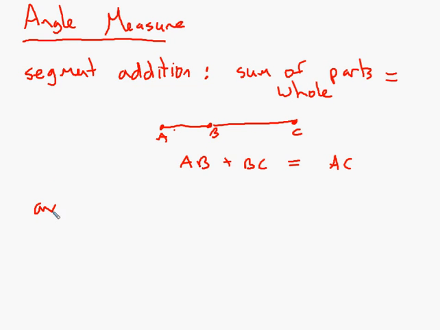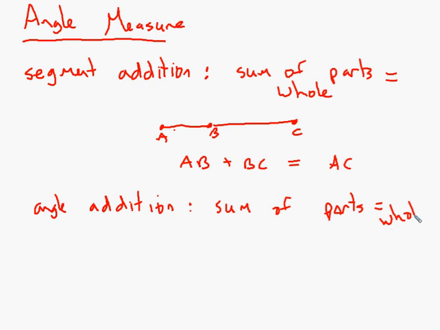And angle addition, very similar. In fact, it's the same. Sum of the parts equals the whole. So in the case of an angle, like maybe I have an angle like this, with another ray in the middle there.